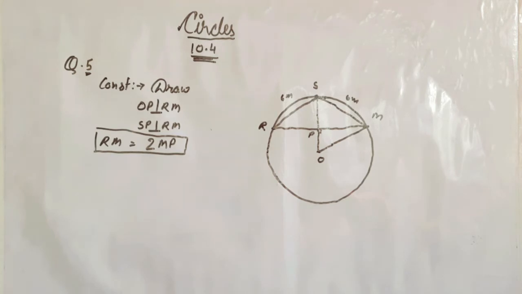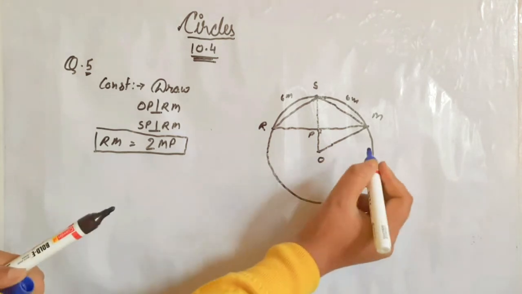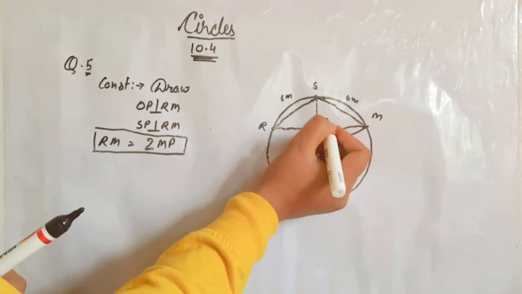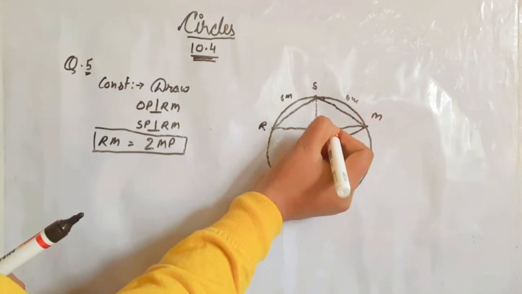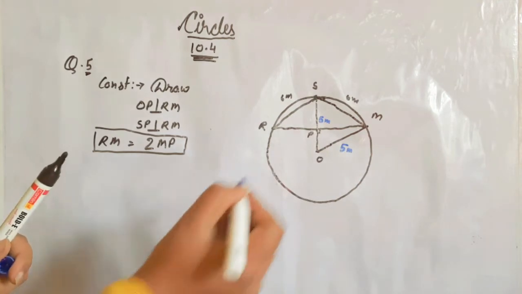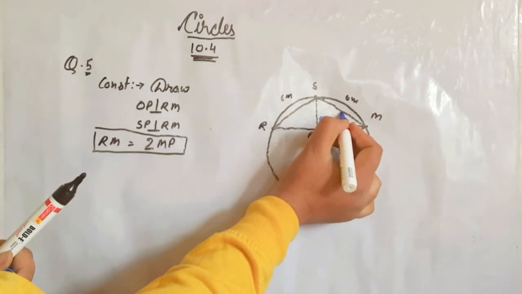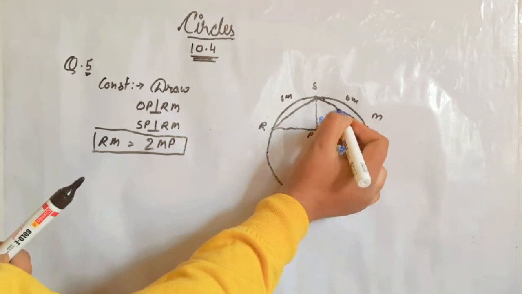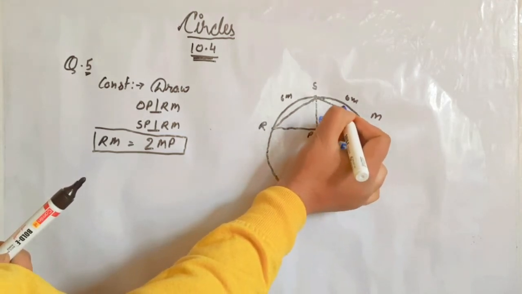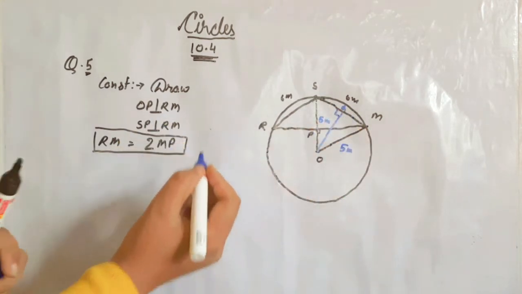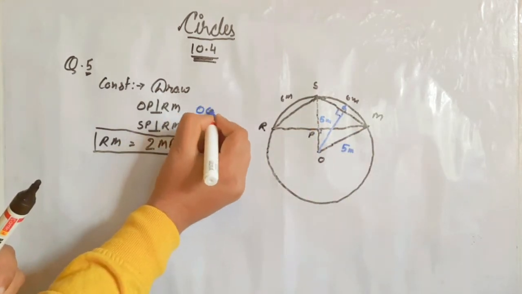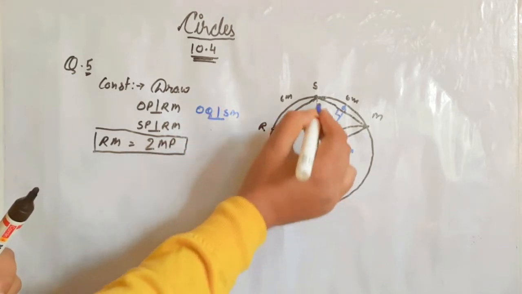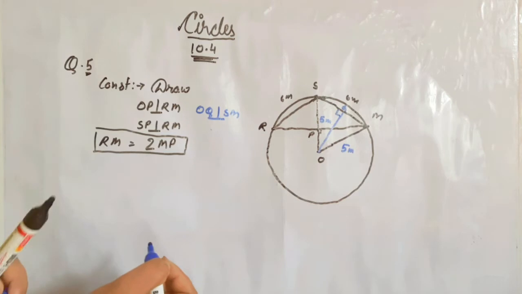From this relation we have to find out the length of RM. So first of all, we know the radius is 5 meter. So here OS is also 5 meter. Then let us draw one more perpendicular, that is OQ perpendicular to SM, because OSM is also an isosceles triangle.